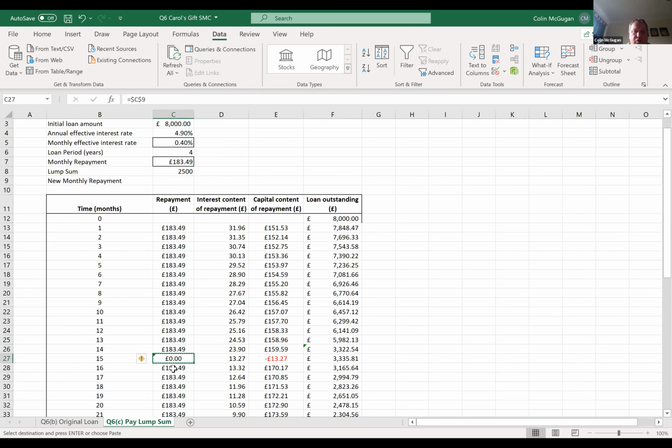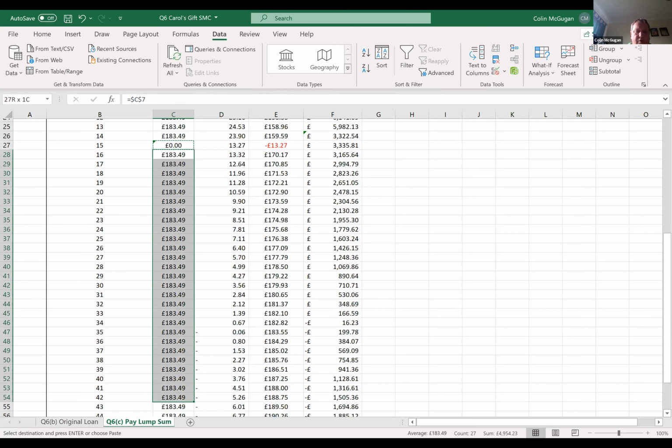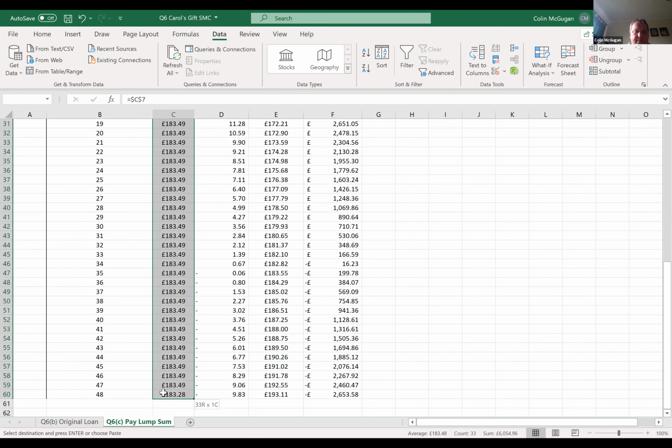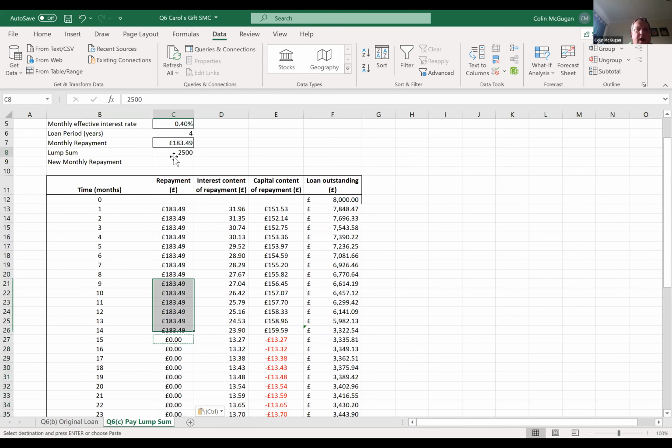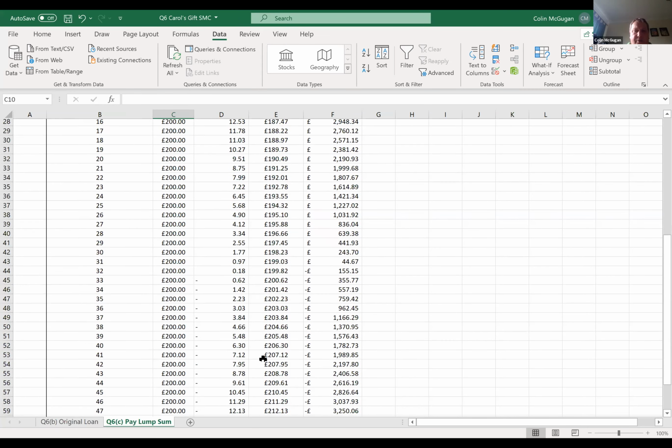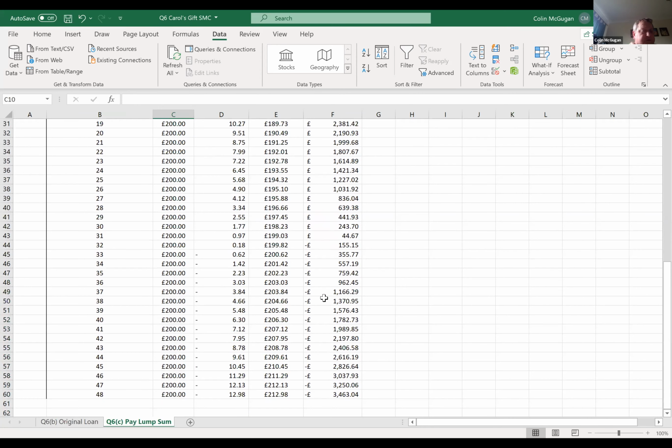And again, I'm just going to copy that and paste it down for the remaining months. There we go. Now, as before, I'm just going to put a dummy number into the new monthly repayments. I'll just put £200 in there. And again, we can see that with paying the 200, it pays it off far sooner than she expects. So again, we use this lovely goal seek function.